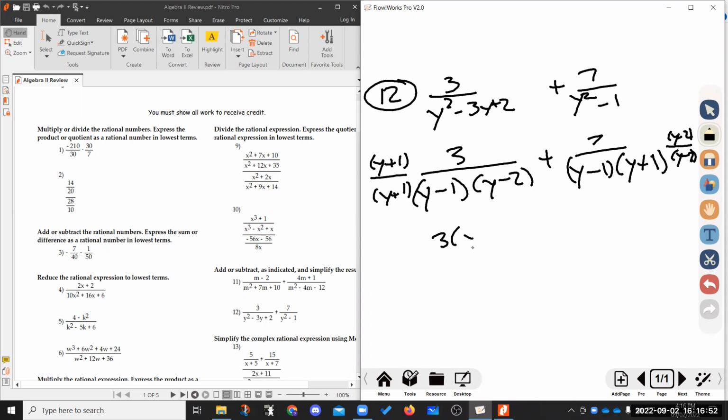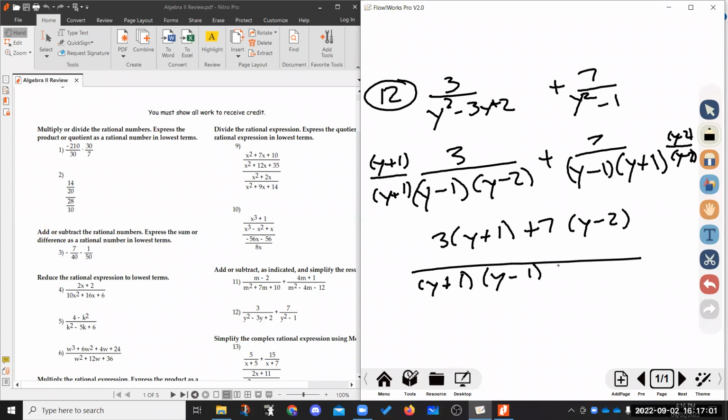This will be 3 times y plus 1, plus 7 times y minus 2, over y plus 1, y minus 1, y minus 2. 3y plus 7y is going to be 10y. 3 minus 14 is going to be negative 11. Numerator won't factor anymore to be able to cancel out with anything.